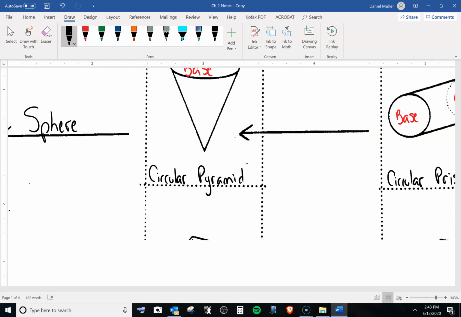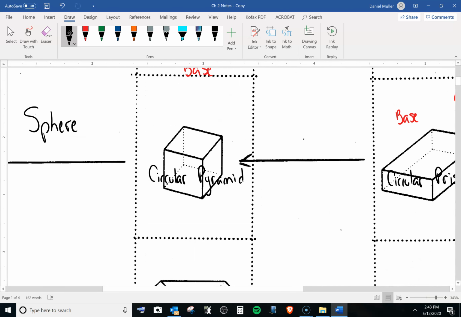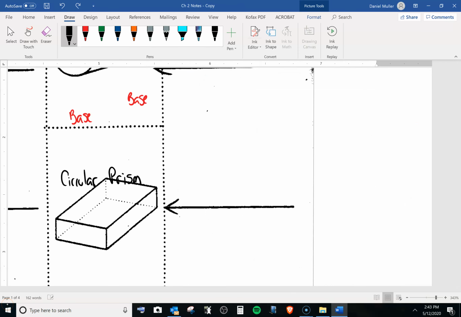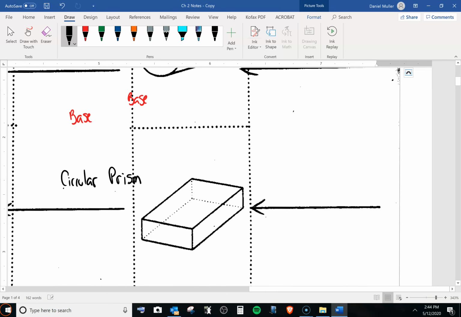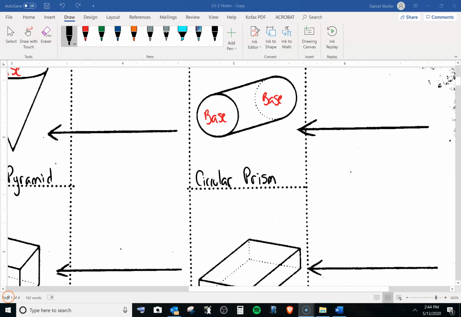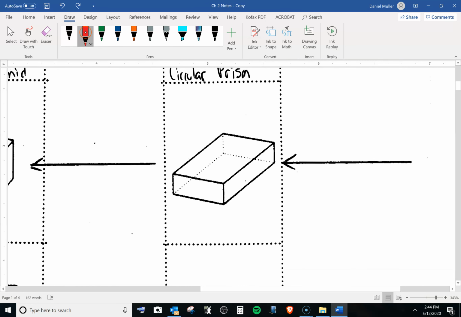So let's keep looking down here. Well, let's see if we can figure this out here. Okay, I can actually move this without making things weird. The base on this next one, any one of them could be the base, but we see this at the bottom here as the base. And that base is a rectangle.